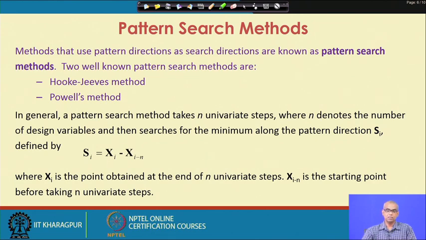So, basically the pattern direction is the difference between x_i and x_(i-n), where x_i is the point obtained at the end of n univariate steps and x_(i-n) is the starting point before taking n univariate steps.